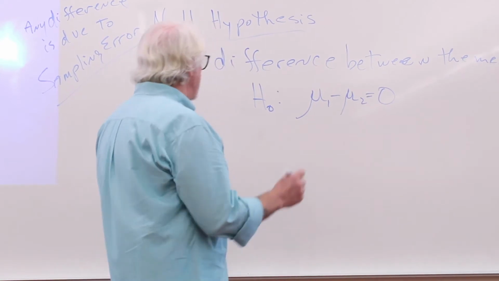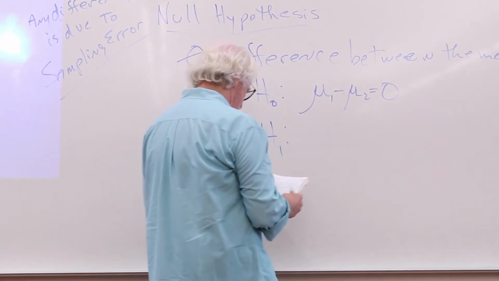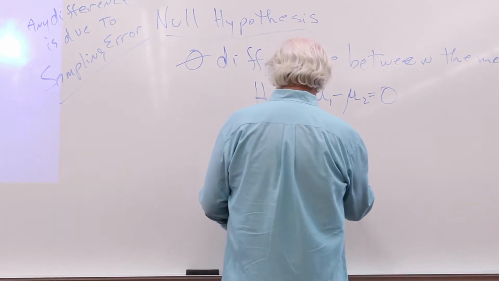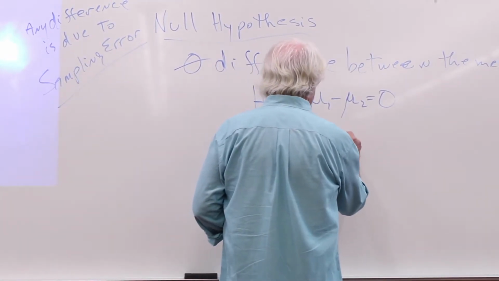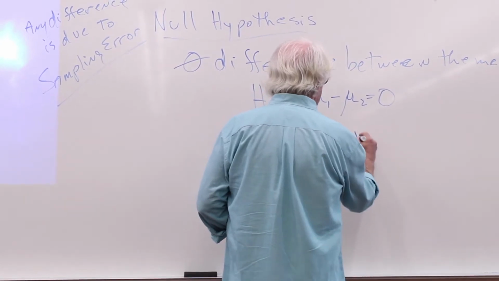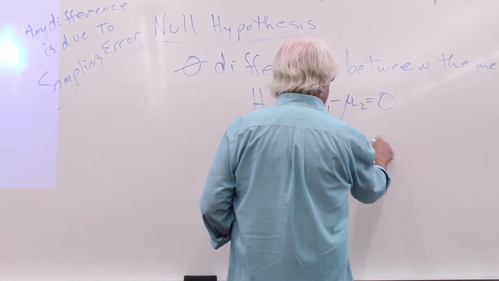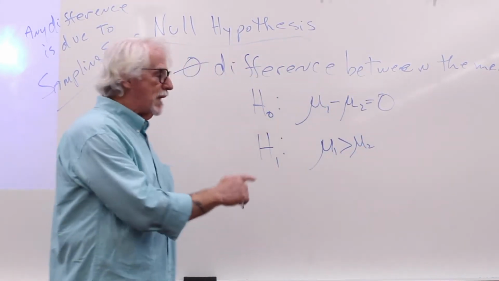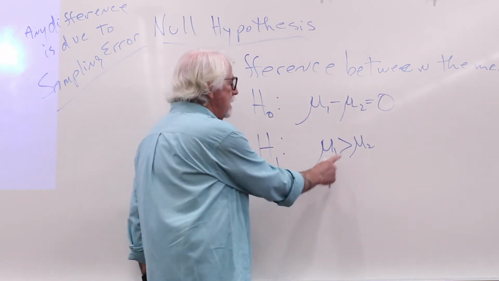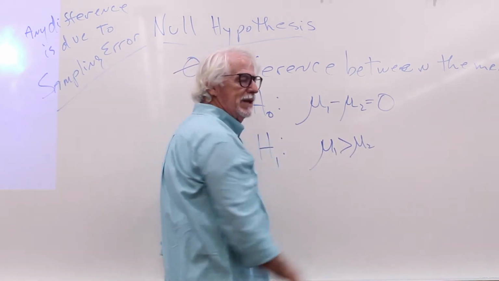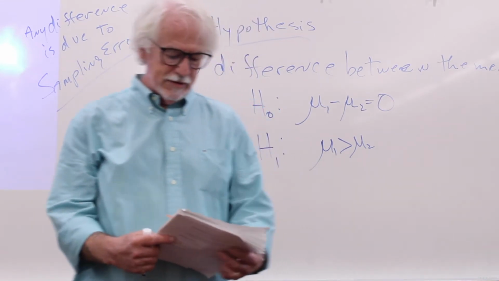So then I would represent that in this way. So now what I'm saying is my alternate hypothesis is right. Mean 1 is greater than mean 2. And that's my alternative hypothesis.